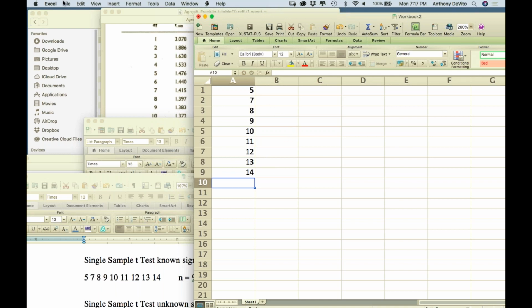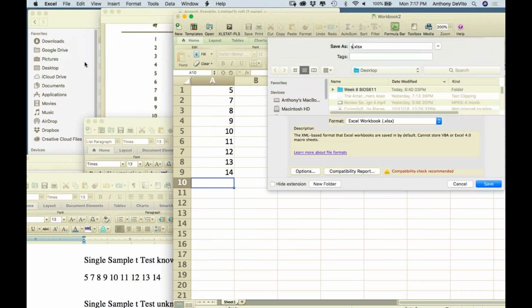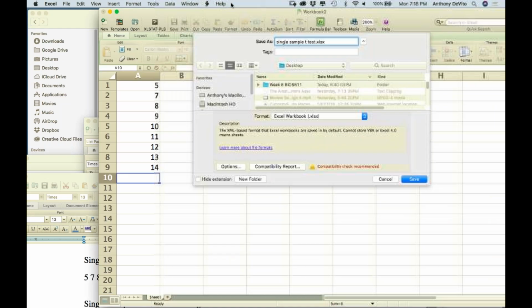Okay, I'm going to say save as. I'm going to save it with the name single sample t-test, and I'm going to save it on my desktop.